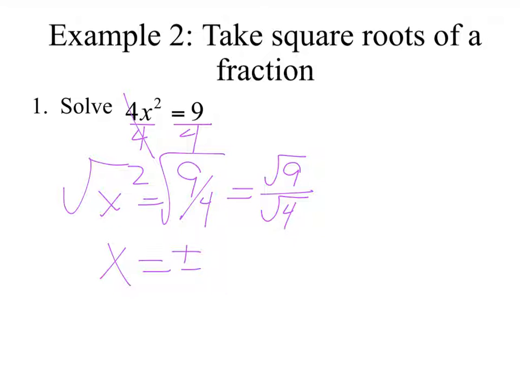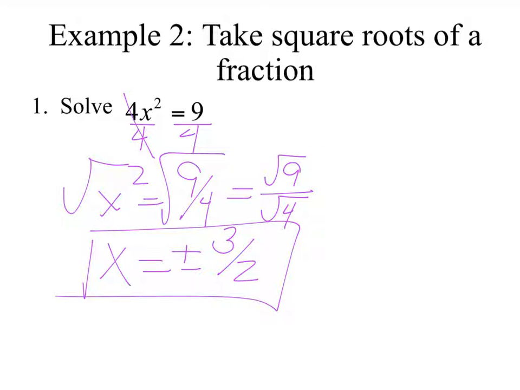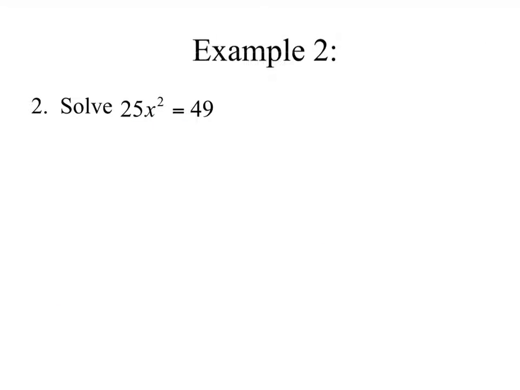Because it is one fraction and one number technically, even though it's written as a fraction, you only need one positive negative sign. The square root of 9 is 3, square root of 4 is 2. So x would be positive negative 3/2.